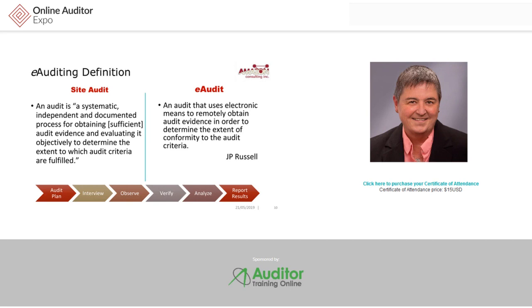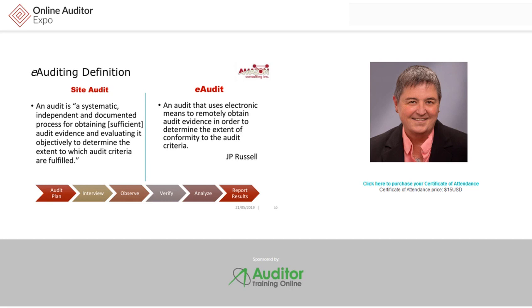So let's go into this a little bit and talk about virtual auditing, or e-auditing, electronic auditing. First of all, and this is from J.P. Russell, he had talked about a site audit. This is a definition that he had put in years ago for an audit. So an audit is a systematic, independent, and documented process for obtaining sufficient audit evidence and evaluating it objectively to determine the extent to which the audit criteria are fulfilled.